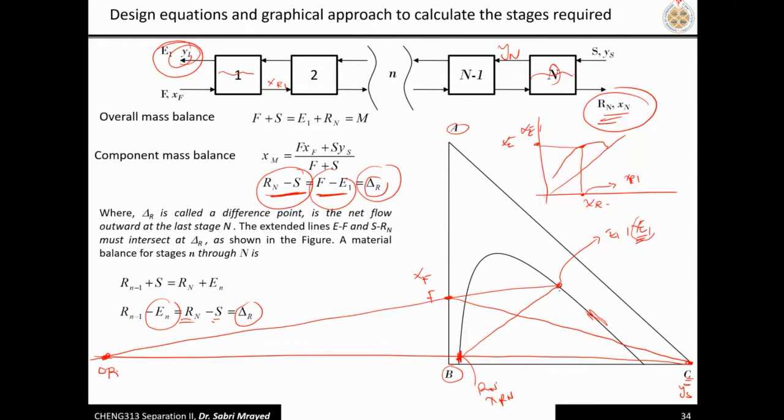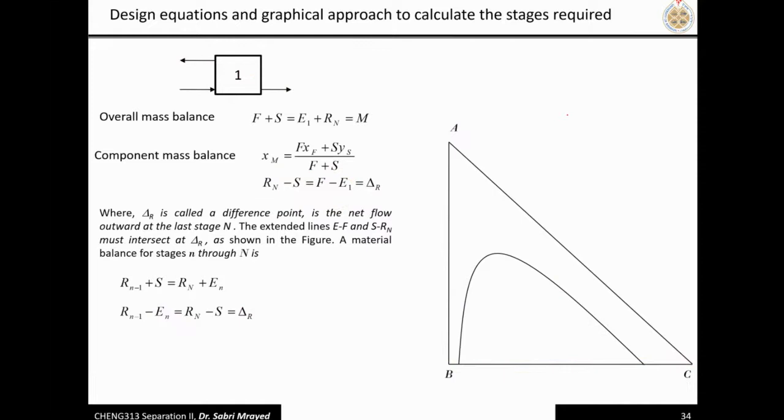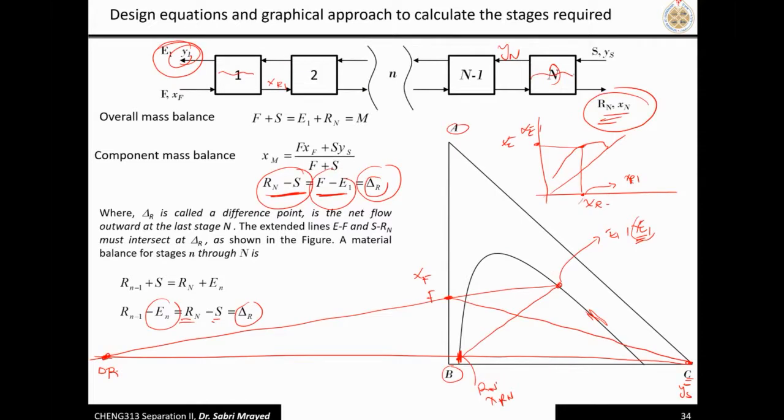So I come back to the trigonal diagram, and I can draw the XR on this line, on the carrier phase, and in our example it was water, by the way. So this is going to be my XR1, and the line connecting these two points will represent the tie line that relates E1 or XE1 with R1.